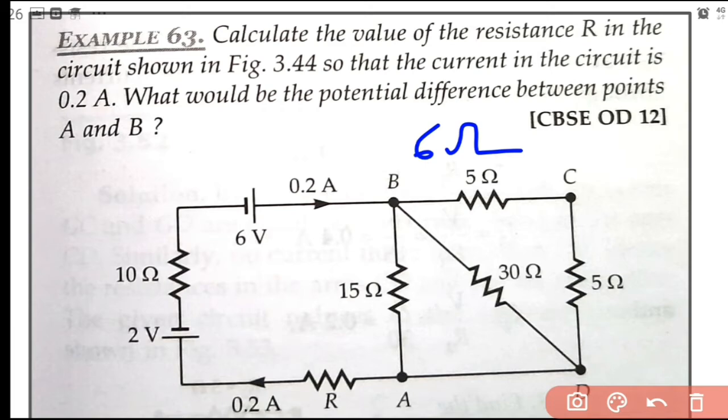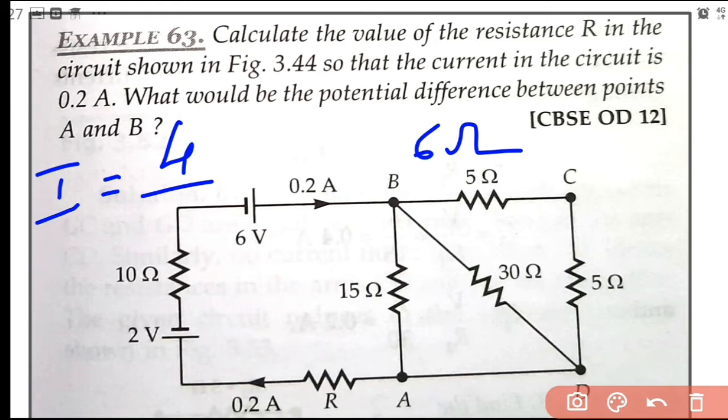So here, what is the total EMF? You just see 2 volt and 6 volt, they are opposing each other. So what will be the total EMF? It will be 6 minus 2. So we can write I is equal to total EMF, 6 minus 2, which is 4 volt, divided by the total resistance. Here in this branch between A and B you have 6 ohm, and here we have 10 ohm.